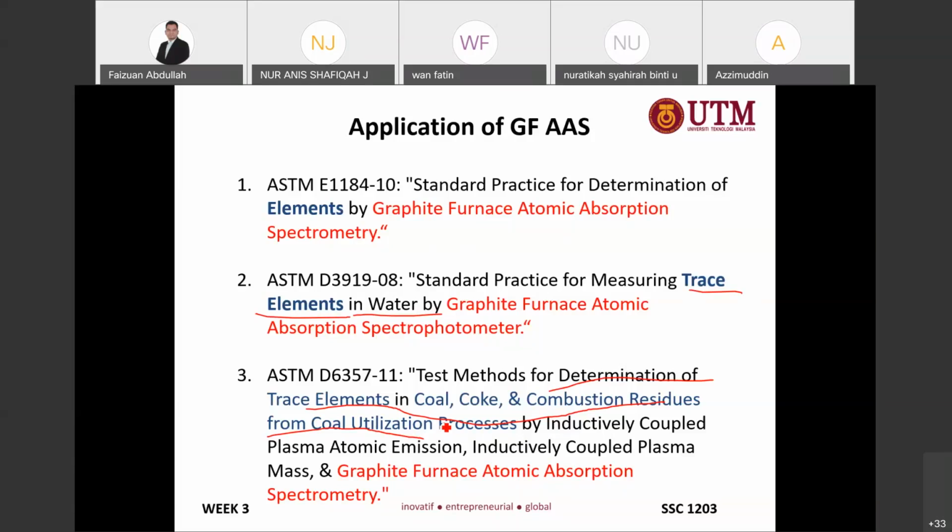If we know this is at very high concentration, we can only use flame, so we just use flame, because we need to consider cost in the analysis. If the elements inside our sample are at trace amount, very small amount, we consider using graphite furnace. If we have mercury or arsenic, we consider using hydride generation. There is a lot of consideration that we have before we analyze the sample.